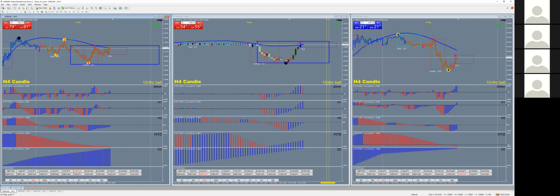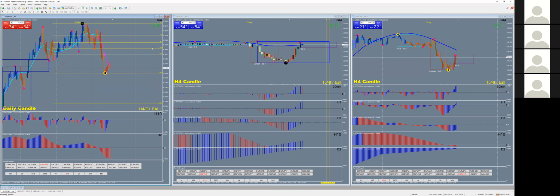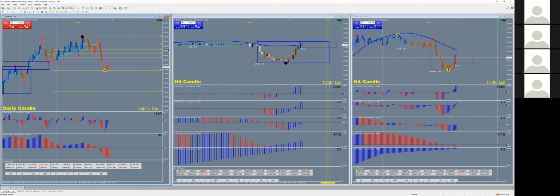What do we say about the Aussie dollar? Aussie dollar looking to go long.